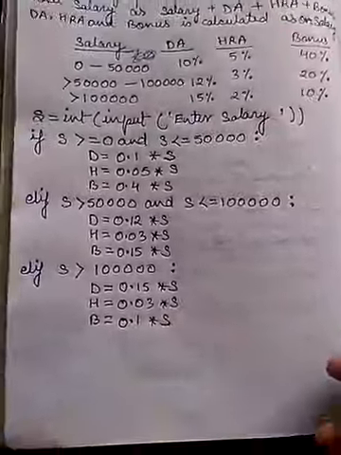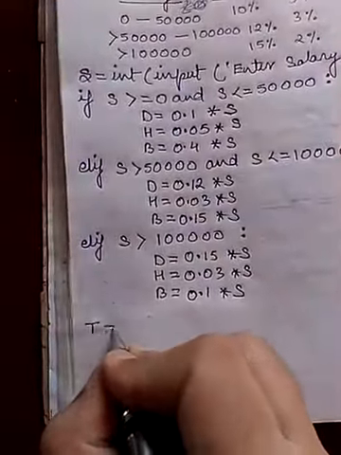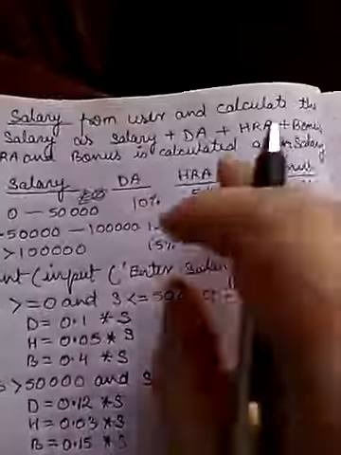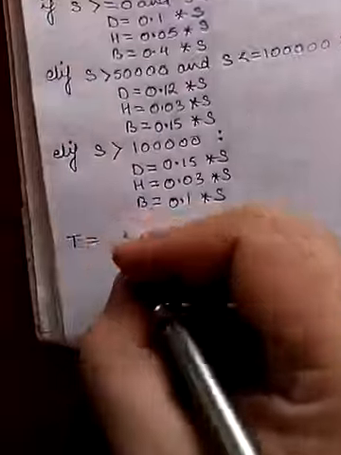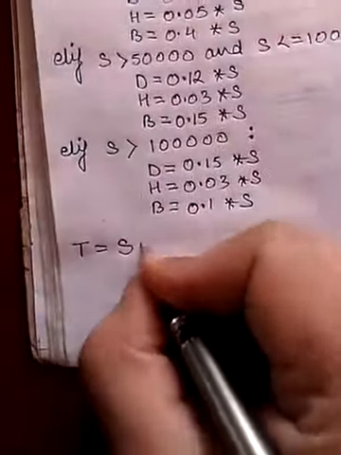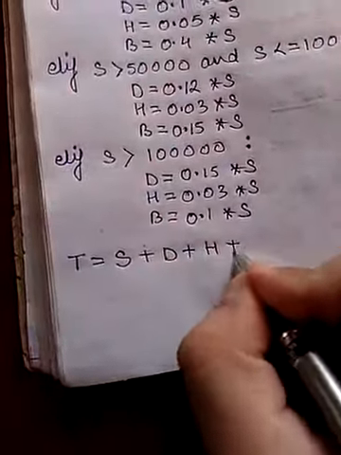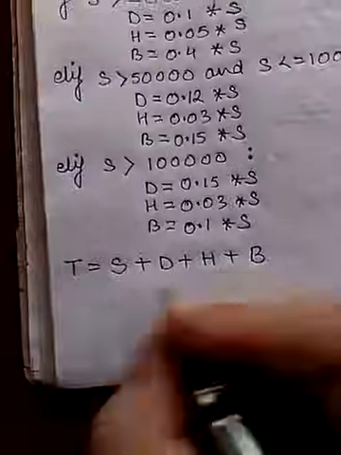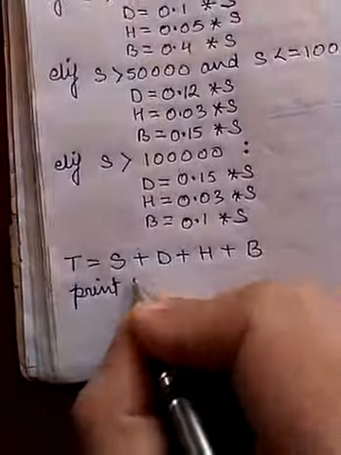Now we need to calculate the total salary, as it is given in the question. It is a sum of DA, HRA, bonus. So total salary is salary plus DA plus HRA plus bonus, and after that I am printing the details which we have calculated.